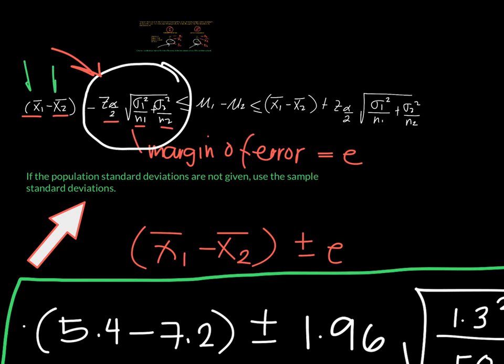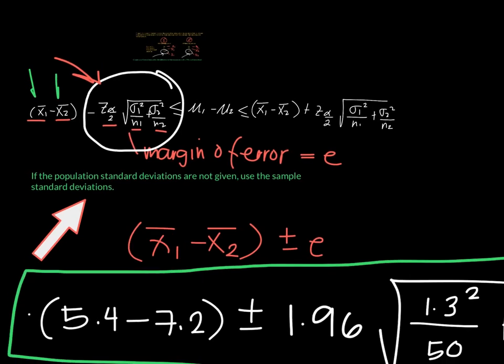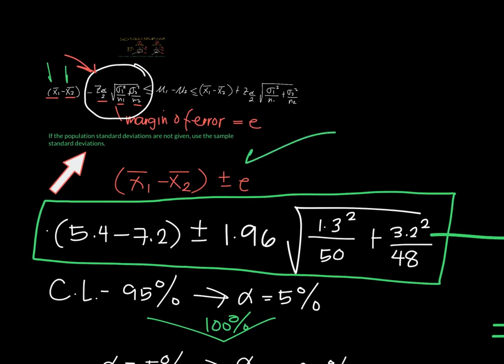If you know how to place these numbers, it should not be complicated. It's a kind of long process in a way, because you're substituting numbers one at a time, but the idea should not be complicated. You can even think of it as the difference between the two sample means plus and minus the margin of error.